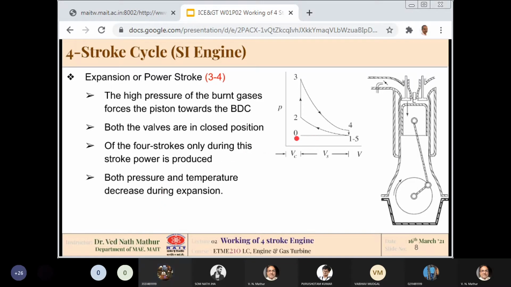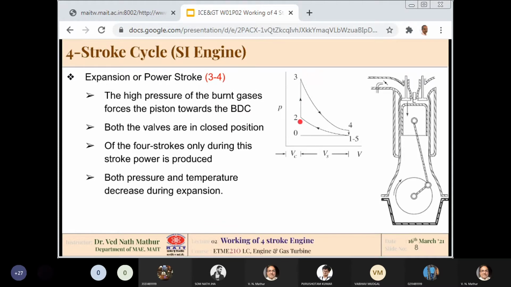See, I said 0 to 1 is the suction, 1 to 2 is the compression, and when the piston is at top dead center, it's not going towards top dead center. According to this figure, when the piston is at top dead center, combustion takes place instantaneously. Now this word has a specific meaning.